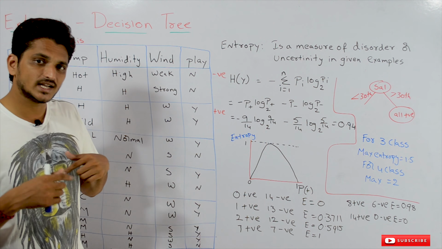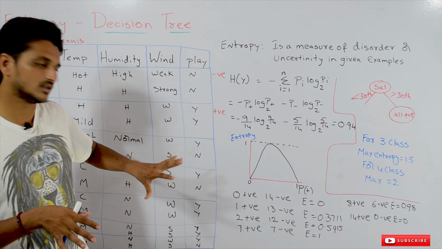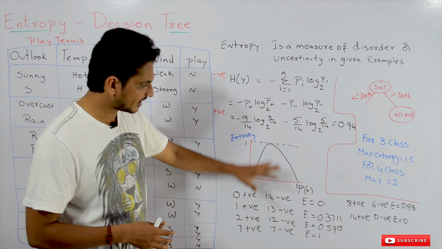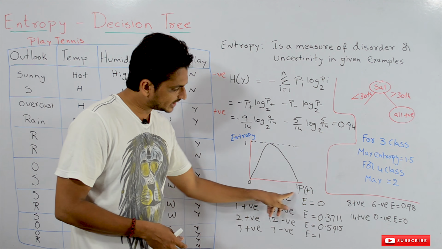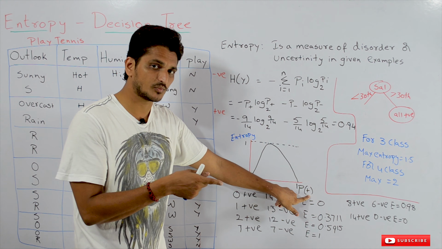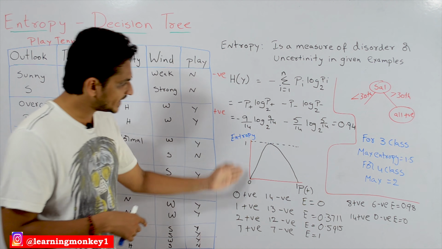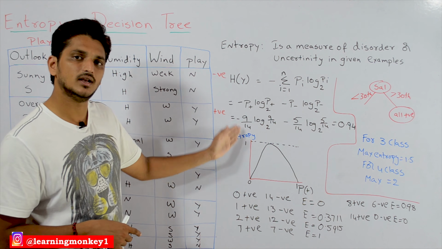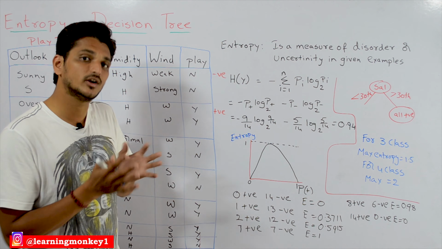Now we have to understand how our entropy value changes with change in our dataset. So we made a graph. On the x-axis we take the probability of positive data points, which lies between 0 and 1. On the y-axis we take the entropy value. For different changes in data examples, let's check how entropy behaves.